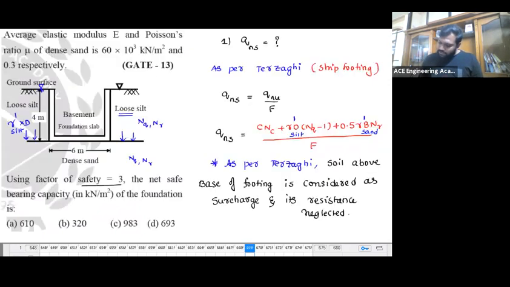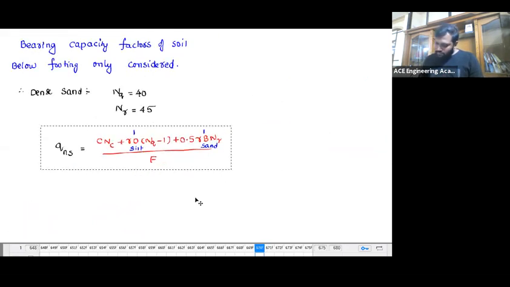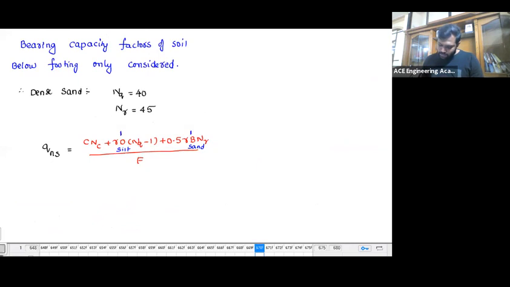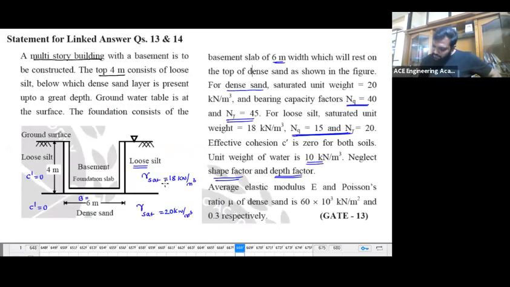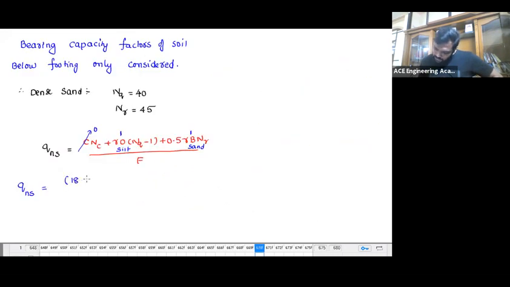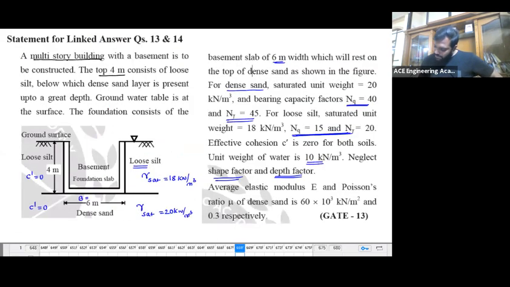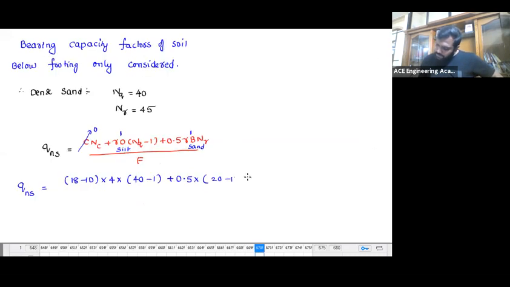Now you take the same equation. So QNS is equal to CNC, and anyway C is equal to 0. Gamma dash: what is the gamma sat of silt? 18, and 10 for water. So 18 minus 10, into 4, into (40 minus 1), plus 0.5 into gamma sat of sand, 20, right? 20 minus 10, into B value.